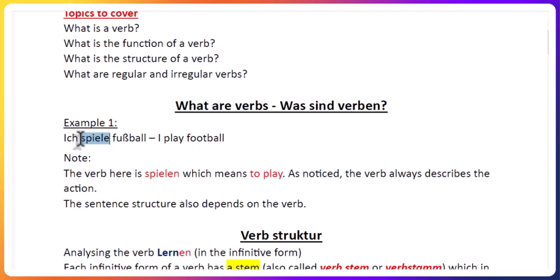The verb describes the action of the sentence, of whatever is going on in the sentence. Without a subject, the action is irrelevant, because if you say "play football", what is "play football"? "Play football" is an incomplete sentence.